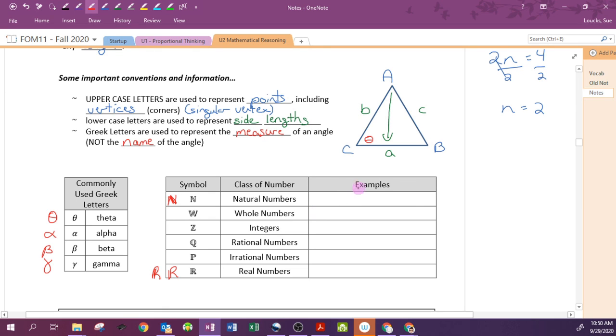Comic Sans doesn't exist. So natural numbers are the counting numbers. So like 1, 2, 3, and up. So counting numbers. Whole numbers add the 0. So 0, 1, 2, 3, and up.